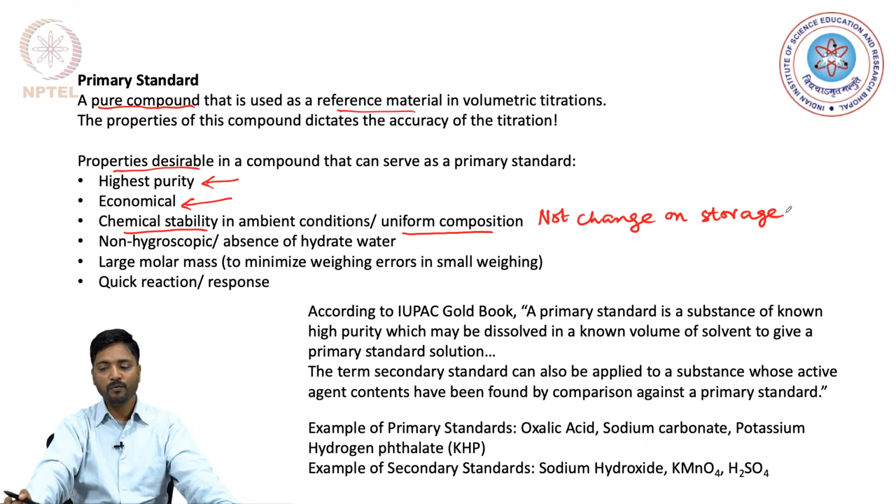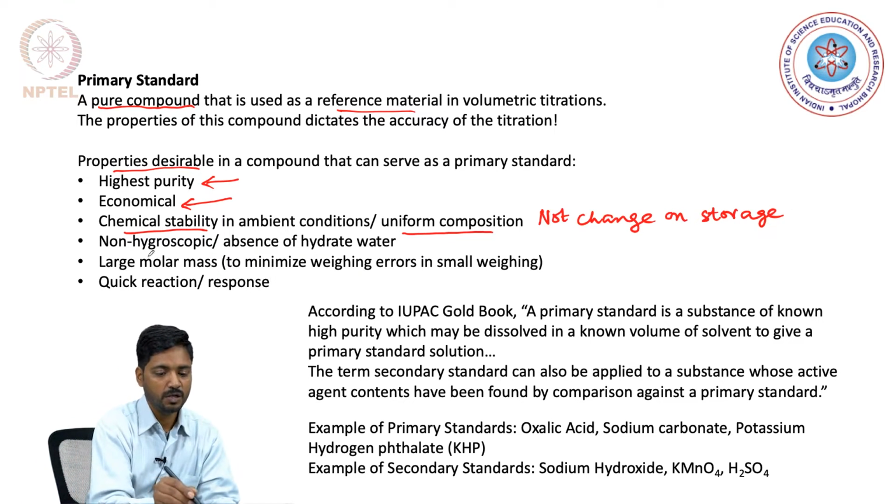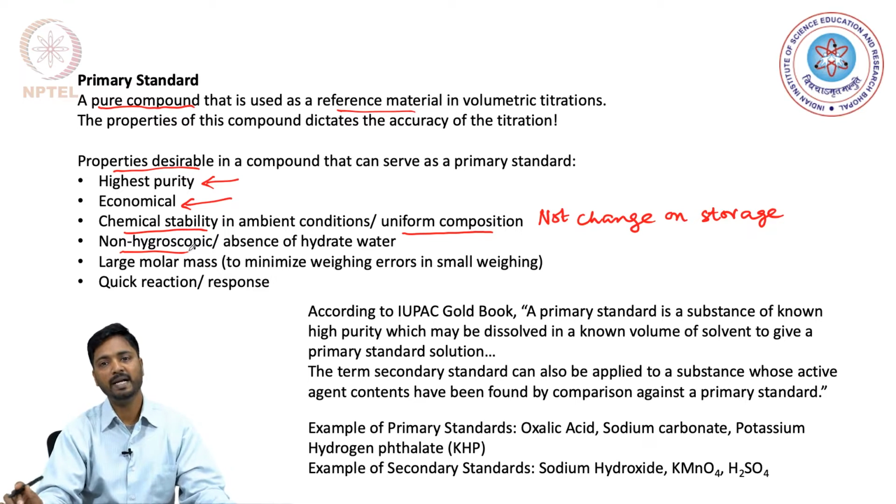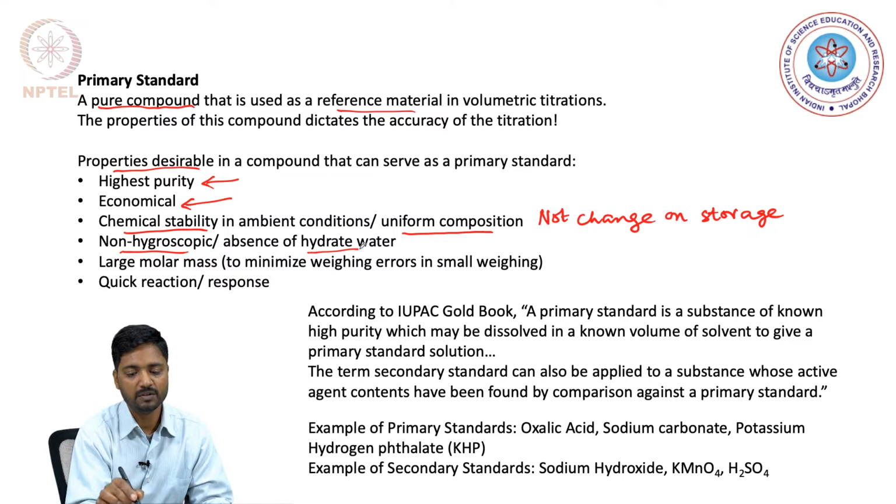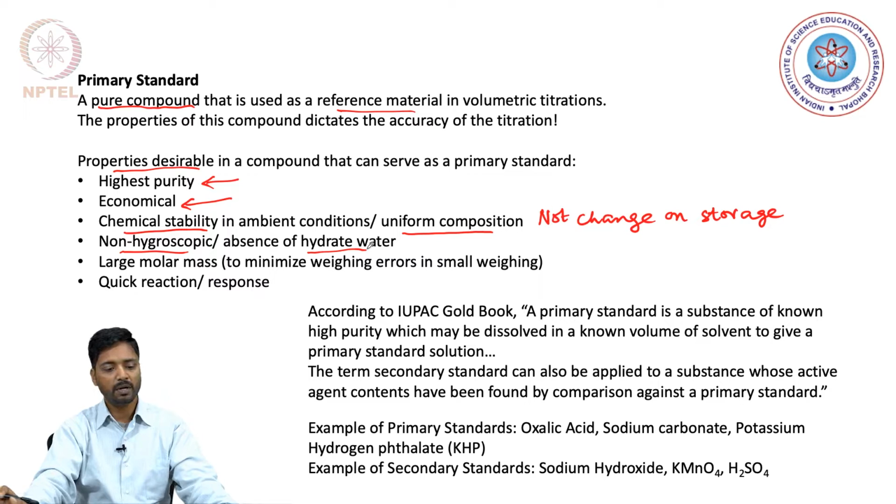Now one way through which this can be done is to have the primary standard which is non-hygroscopic and in which the hydrate water is not present, because as you can think, any hygroscopic material, for example sodium hydroxide or sulfuric acid, will absorb moisture from the atmosphere and will undergo changes in its composition.